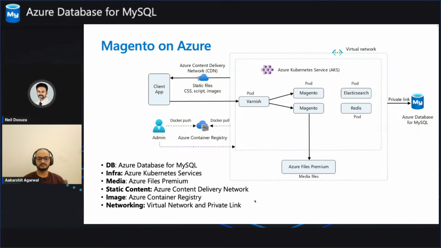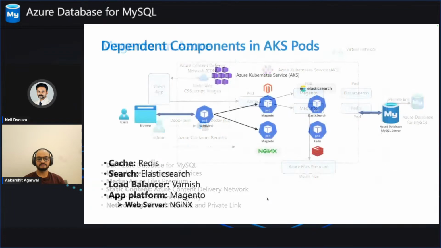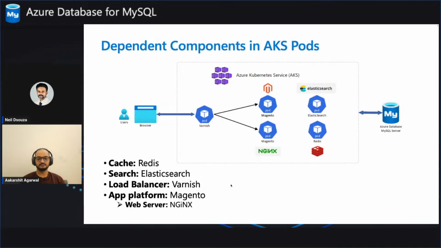Right, this is about what components we have used to integrate Magento into Azure. Now let's dwell more into how the AKS components come together. Within AKS, we use multiple different pods, and the initial one is Varnish, which is also an open source kind of load balancer or traffic manager.